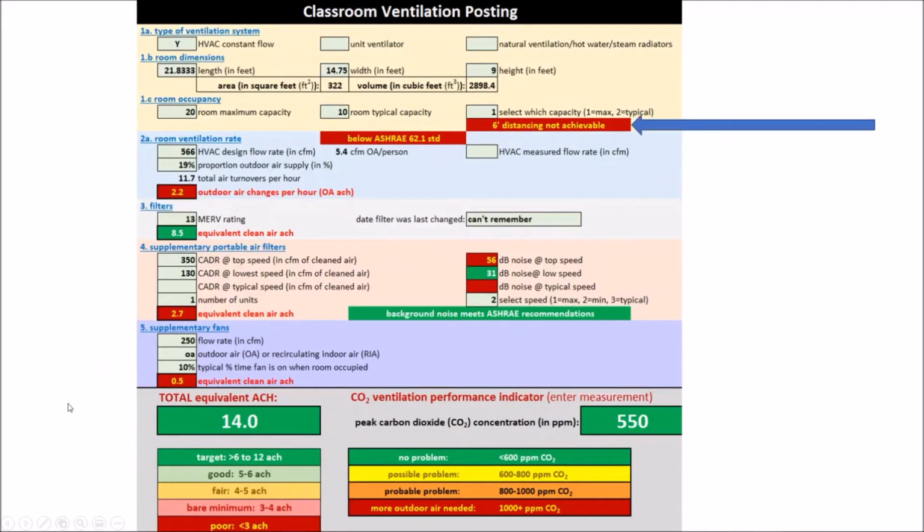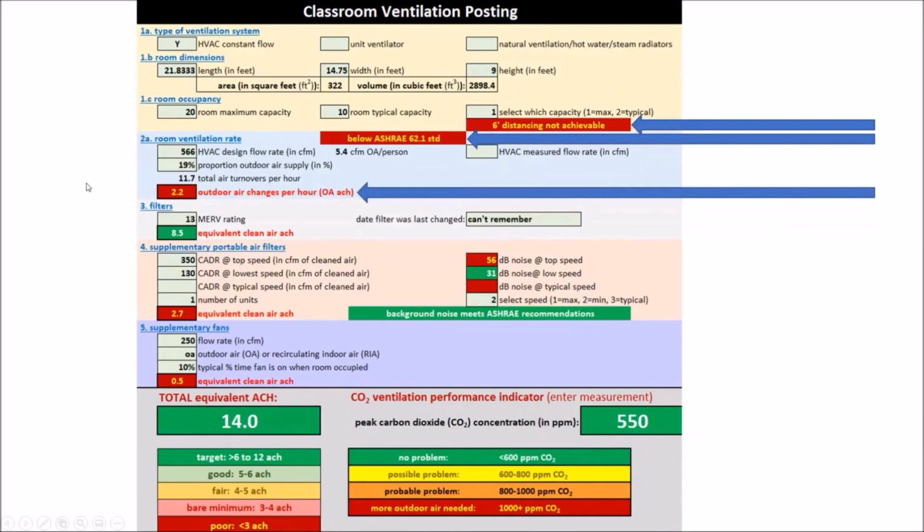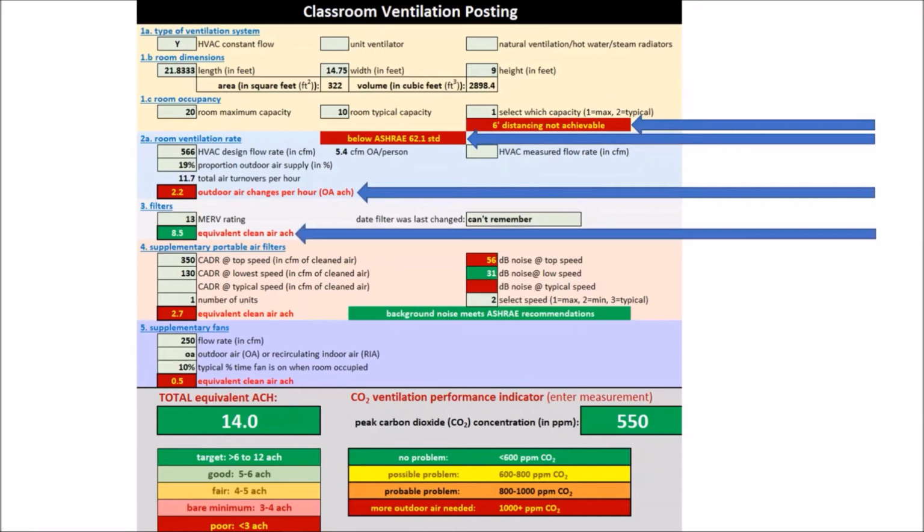Basically, looking at this table, you can see that we've evaluated the distancing, whether it's achievable. We've calculated the outdoor air exchange rate based on the ventilation. We also evaluated whether or not we met ASHRAE 62.1. We've measured what effect the filters have, plus we've also commented on whether the filters have been changed or not.